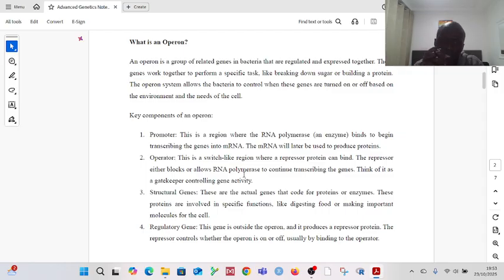Then there is a promoter, which is a region where the RNA polymerase, the enzyme that leads to the formation of an RNA transcript, can actually bind so that the process of transcription can begin. It is the process of transcription that leads into the formation of an RNA transcript, in this case a messenger RNA.